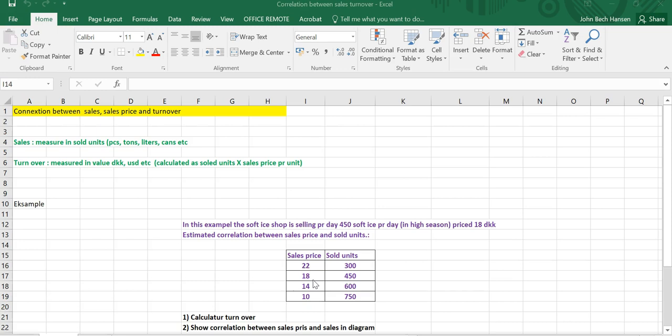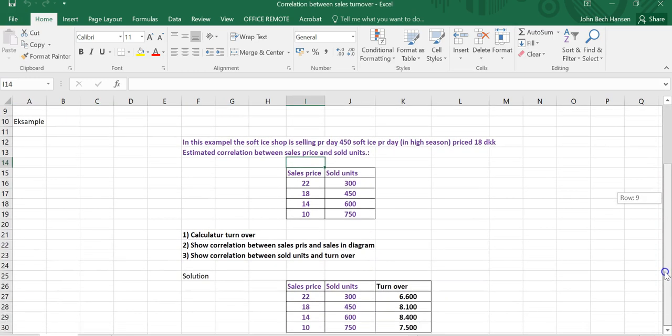So let's see if we calculate the turnover, what effect does this have on the turnover. And I have already calculated the turnover down here, and you can see the formula here. It is the sales price multiplied by sold units, and therefore we can see the turnover measured, in this case, in Danish kroner.